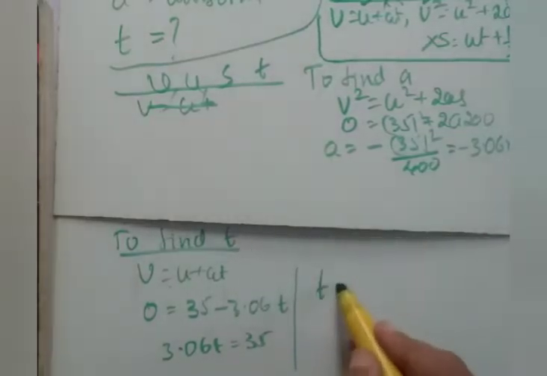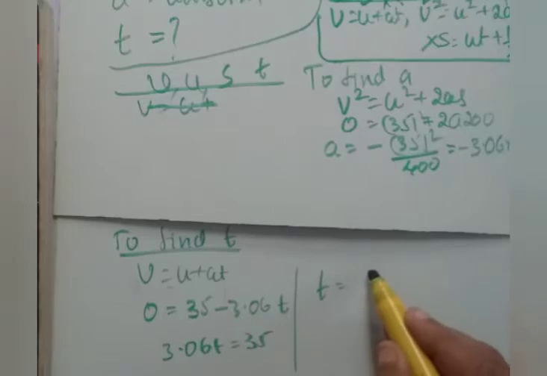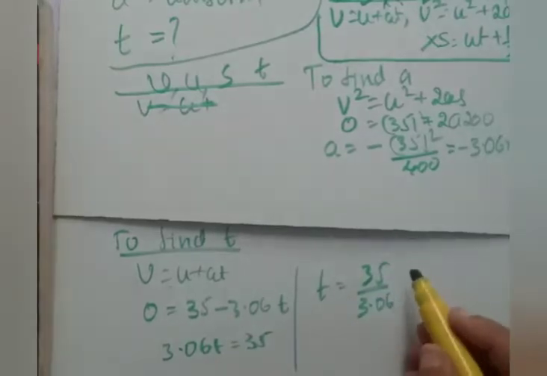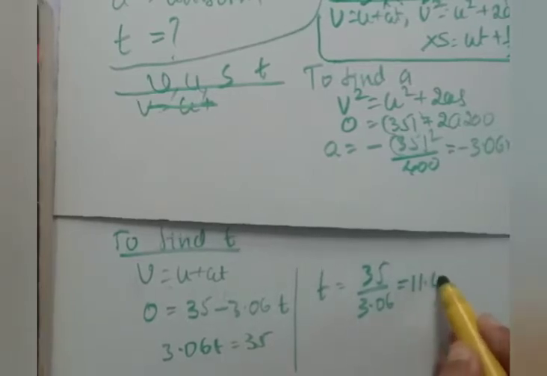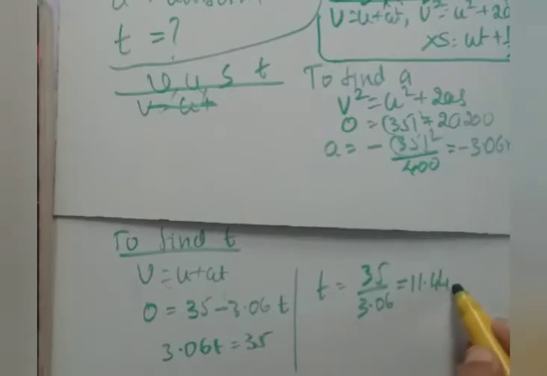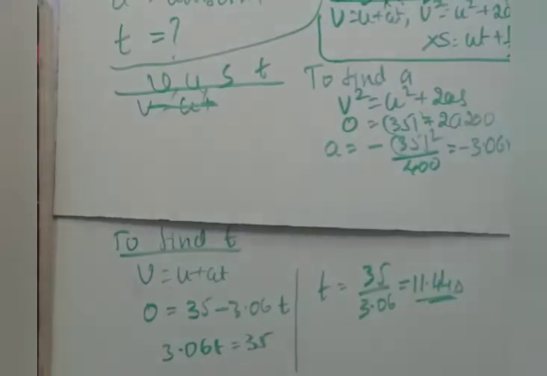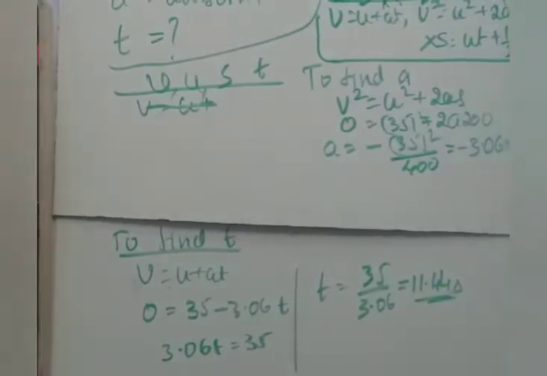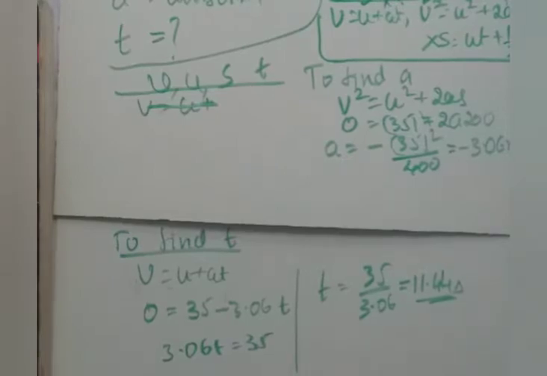Therefore, T equals 35 by 3.06, which amounts to 11.44 seconds. 11.44 seconds, and it agrees with the given answer. So this is how we need to solve the numerical.